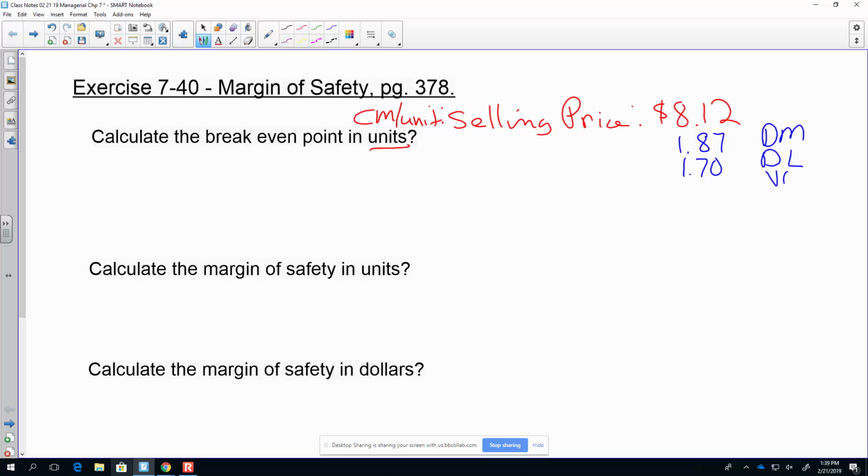Variable overhead at 57 cents. And variable selling and admin at a cost of 42 cents per unit. So I'm going to subtract all of those in order to get my contribution margin per unit.